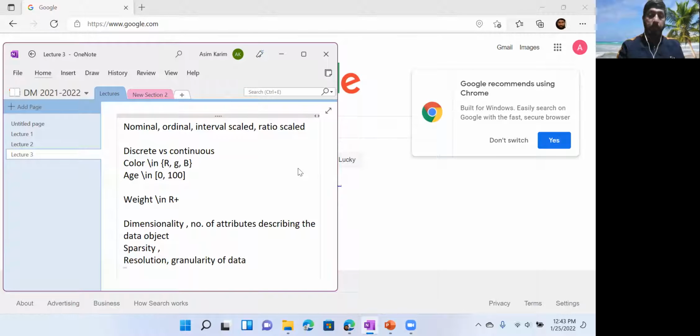For example, if you are talking about student data at LUMS, and you have the average grade for students in each course over the past 5 years, that is lower granularity. But if you have information for every student in every course over the past 5 years, that would be higher granularity, meaning the resolution is better and you might be able to do more advanced or sophisticated analysis. So you need to have an idea of resolution as well.